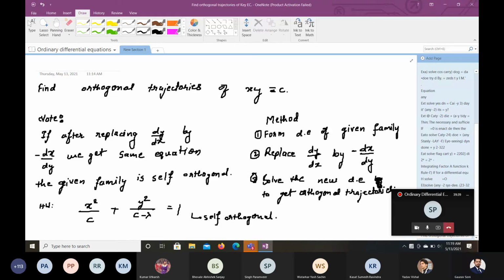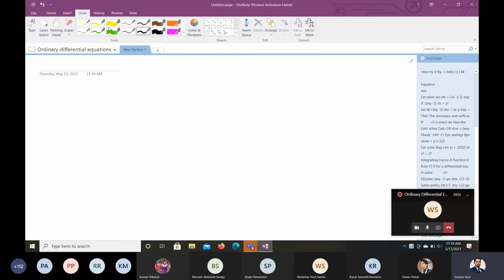Can anyone tell me something about polar coordinates? They are in the form of r comma theta. Exactly. What does the r represent?